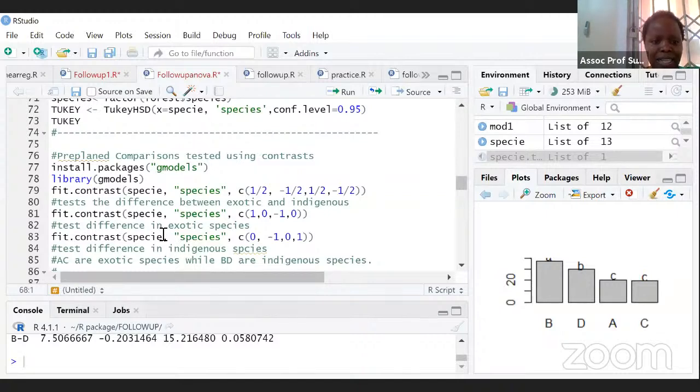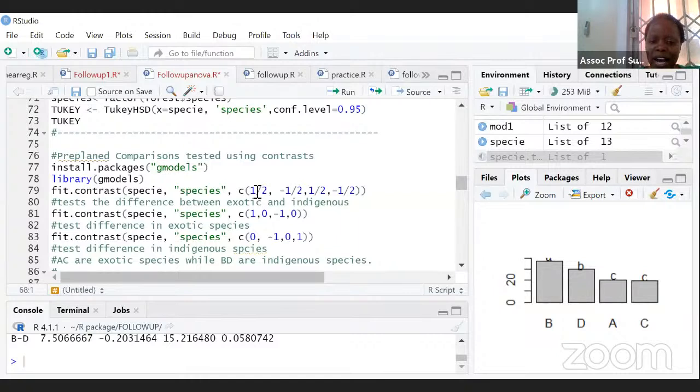Remember, I said that species A and C are exotic, while B and D are indigenous. The first question we had in our theory was the growth rate of exotic differs from indigenous. So we've awarded these coefficients to help us calculate the difference between the mean of the two species.